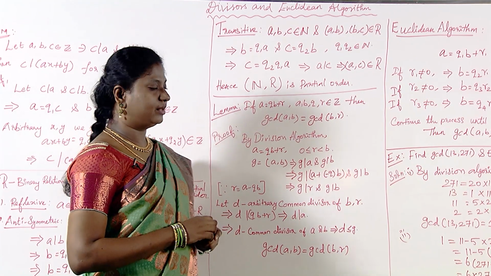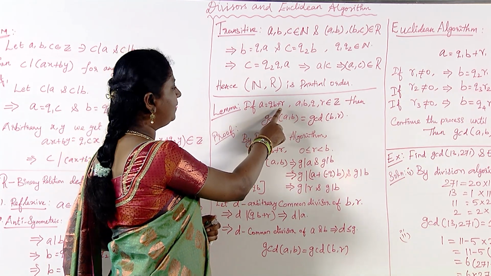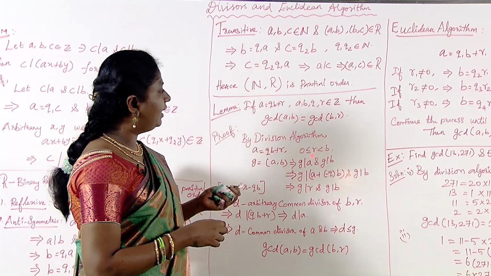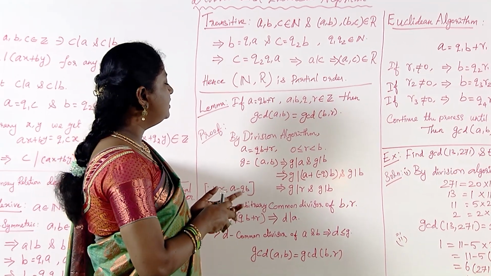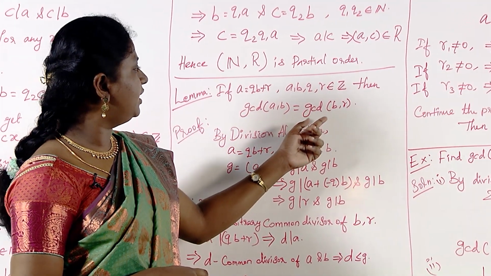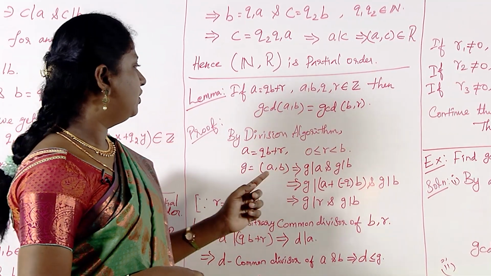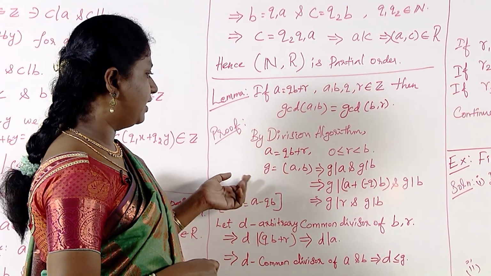We shall see a lemma. That lemma says if A is equal to QB plus R, where A, B, Q, R are all integers, then GCD of A and B is equal to GCD of B and R. So, we shall prove this lemma by using the division algorithm.